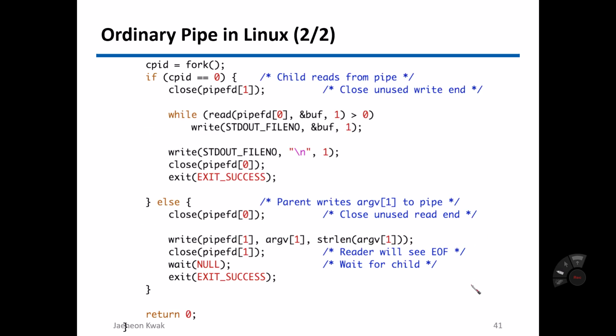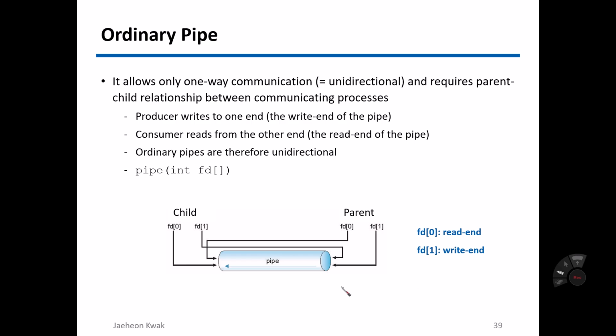In this example, we want to treat the parent as a producer, and we want to treat the child as a consumer.